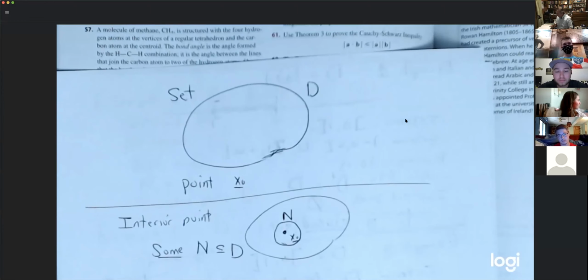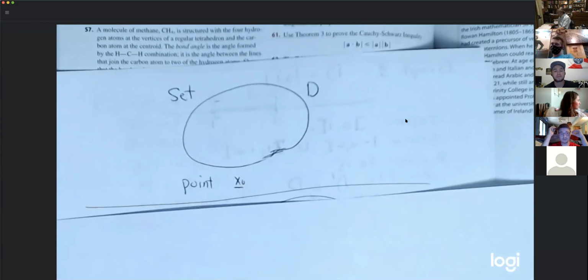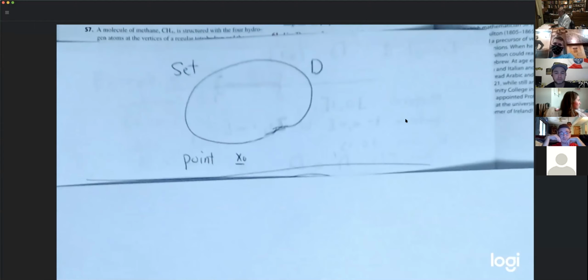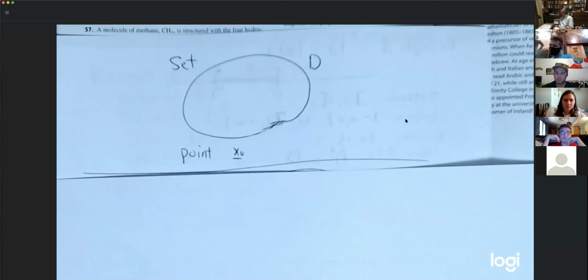So suppose that I have a set and a point. Now, in the top picture that you see there, I haven't identified where the point is. We're just talking about a set and a point, okay? Now, what we do with the set, and I'm using 2 dimensions here because it helps.